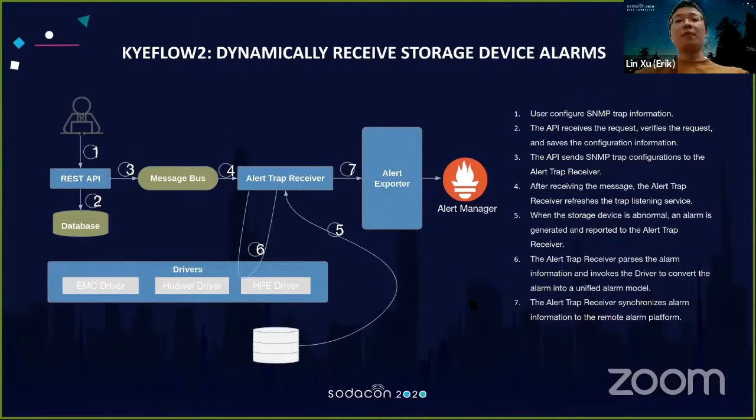When the storage device becomes abnormal, an alarm will be generated and reported to the alarm trap receiver. The alarm trap receiver will parse the alarm UDP packet and send it to the driver to parse the OID data into the unified alarm model, then push the alarm to the alert module here. So this is some key flow of Delphin.